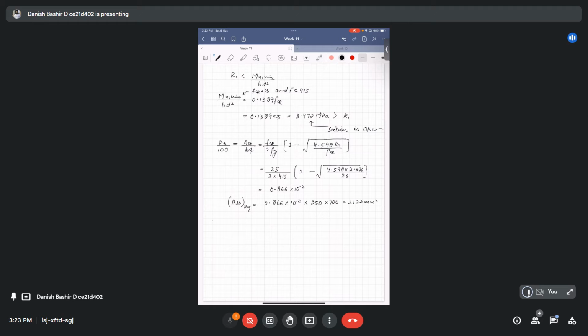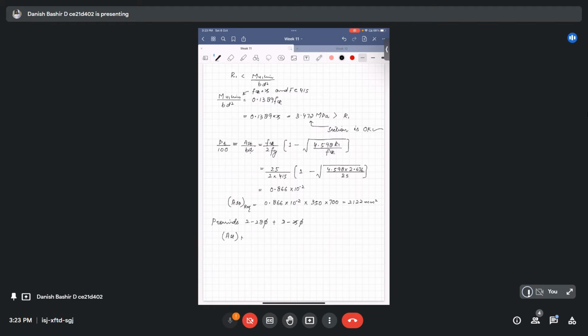I am going with 2 bars of 28 diameter plus 2 bars of 25 diameter. I am giving a total of 4 bars at the top because it is a highly tensile zone there. Hogging moment is acting and the torsion is also adding to this hogging moment.